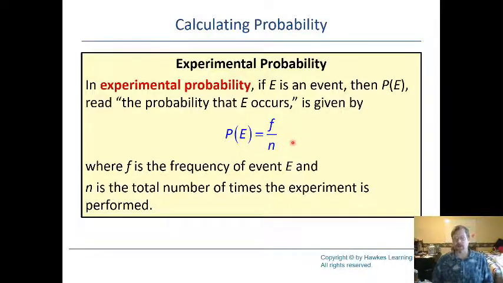So if I wanted to do experimental probability on die rolls, I'd say I rolled the die 30 times and rolled 2 ones. My probability would be 2, because I rolled 2 ones, that's my frequency, and 20 events. Sorry, 20 experiments run.